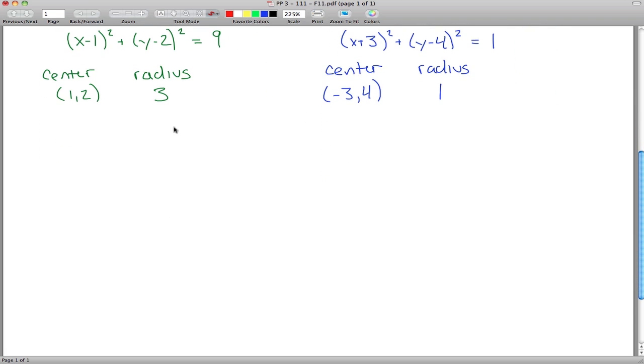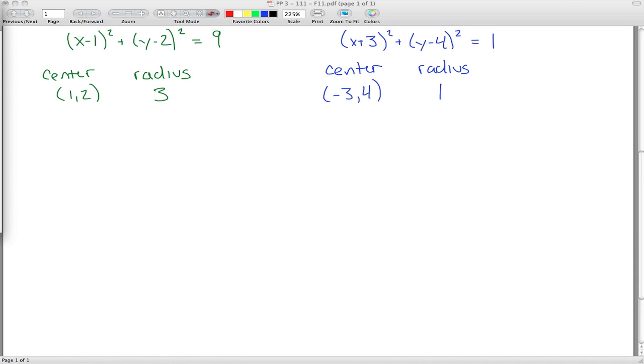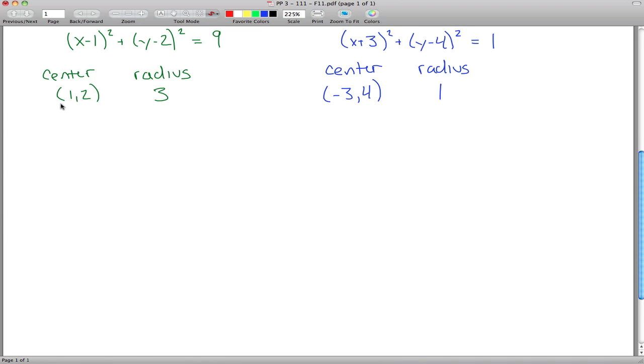Alright, so now we have a lot of the information. It's a long problem. There's still some more to do. The first part is to figure out the midpoint between these two centers. We know that the midpoint between two points is the average of the x coordinates, so the average of 1 and negative 3: 1 plus negative 3 divided by 2.